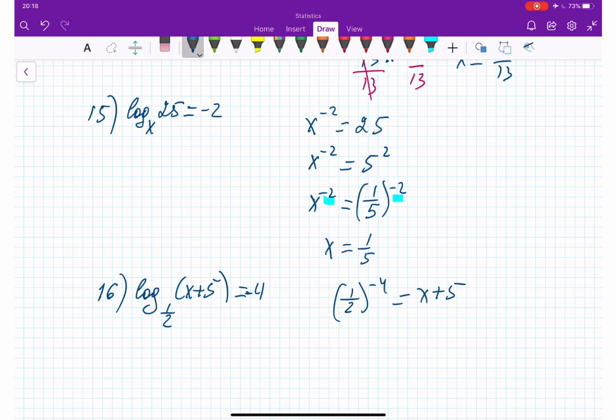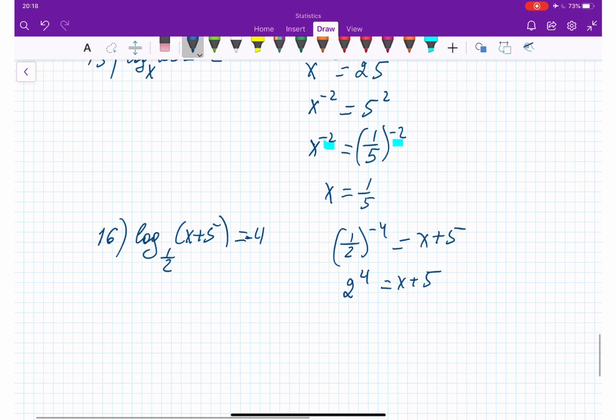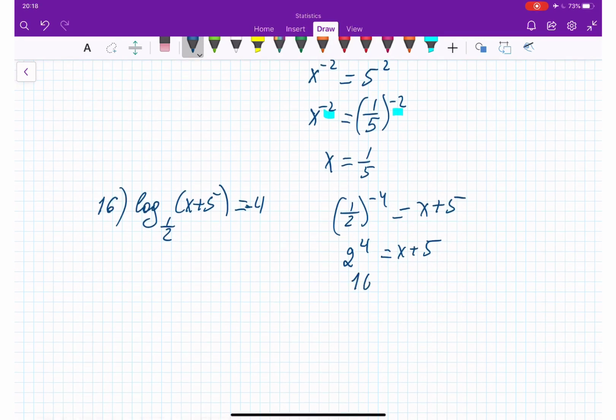Okay, so negative 4, if I flip the fraction, it will be 2 to the power positive 4, right? And is equal to x plus 5. 2 to the power 4 is going to be 16. 16 is equal to x plus 5. Moving 5 to this side, positive becomes negative. So x is equal to 11.